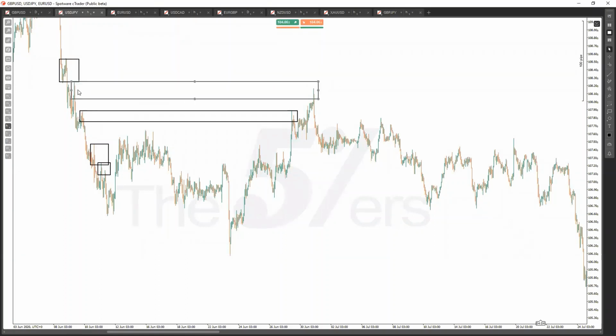Even if it's in a lower price, it's still fresh, so I can expect a reaction. So that's the only thumb rule I can tell you. In terms of Quasimodo level and patterns, we'll discuss this in more depth in our trading room. I think it's too much for this session.